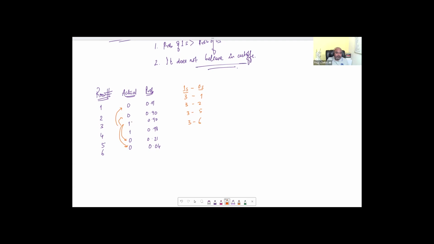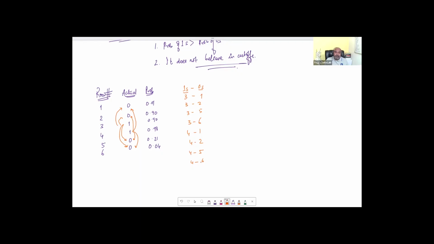The next set of pairs will be 4 with 1, 4 with 2, 4 with 5, and 4 with 6. So these are the pairs which will be created.